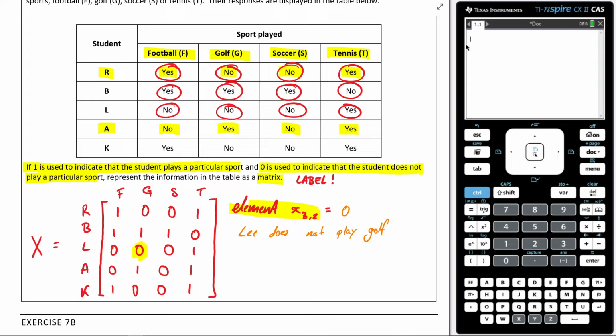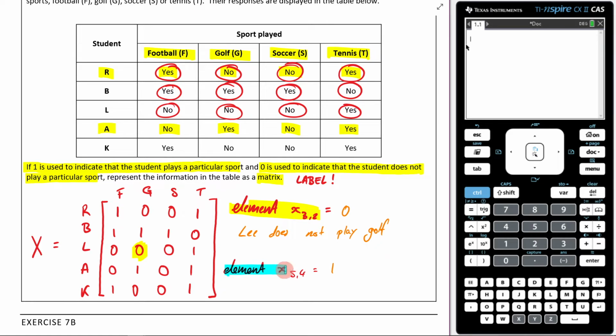Let's pick another element. Let's choose 5, 4 this time. So I'm looking at row 5, column 4. That will be here, my very last one. It's a 1. Let me highlight it.